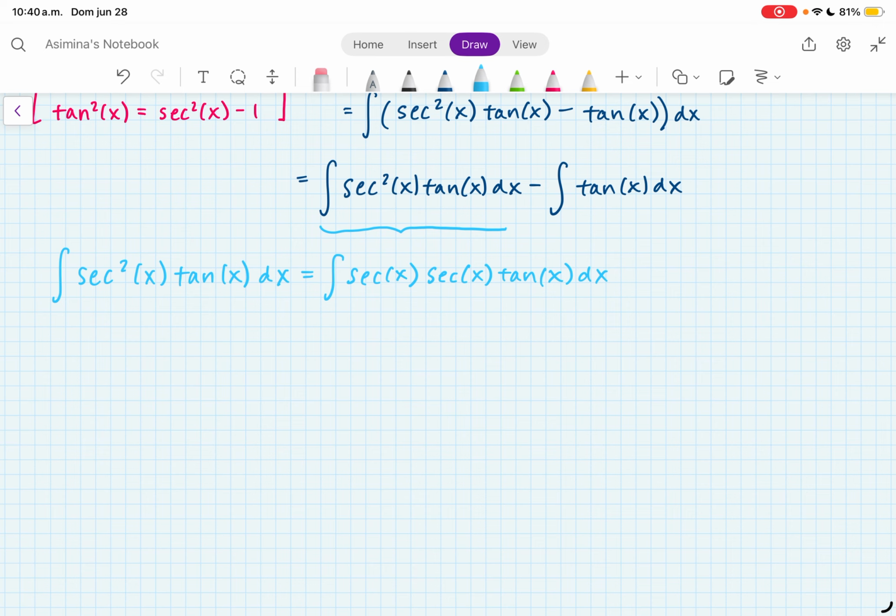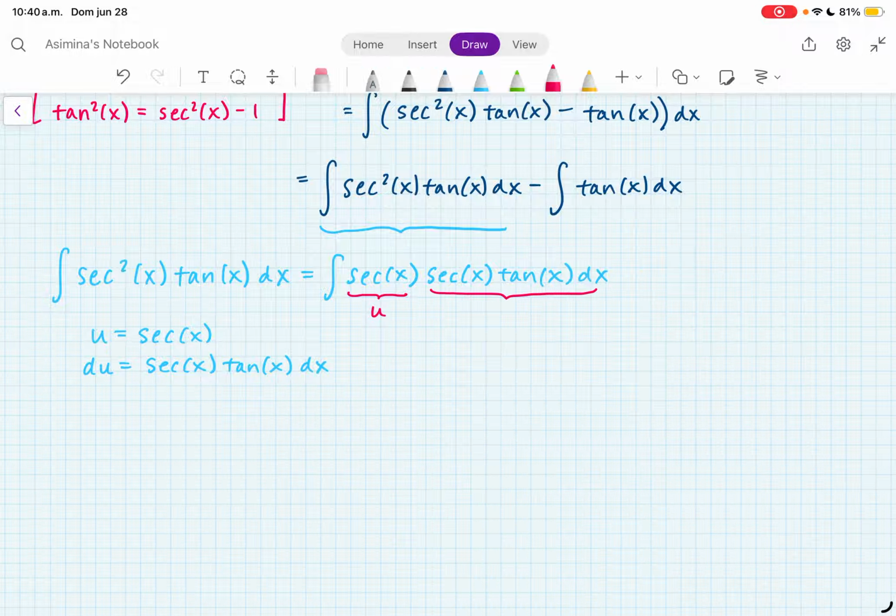And now I'm going to let u equal secant of x, and then du would be secant x tan x dx. Just by looking at the way we rewrote the integral, we see here we have secant x, which is u, and then secant tan dx is du.